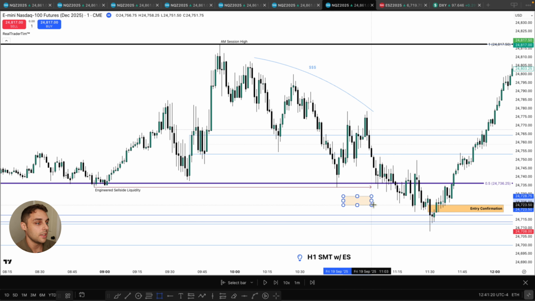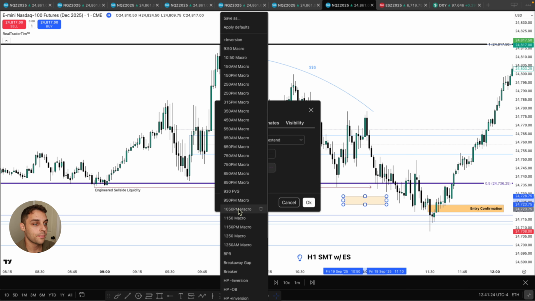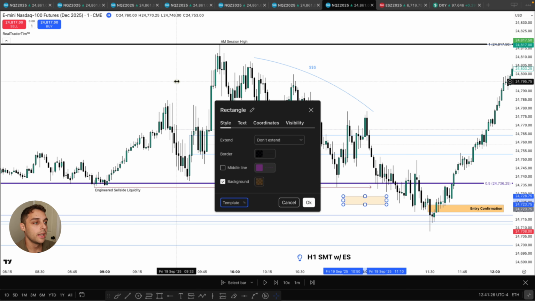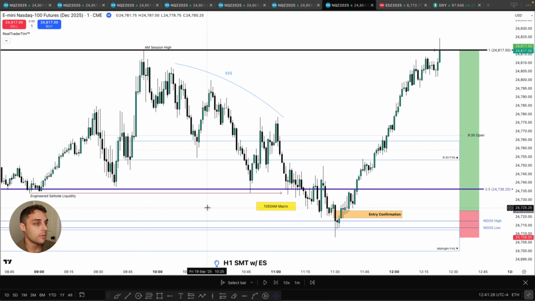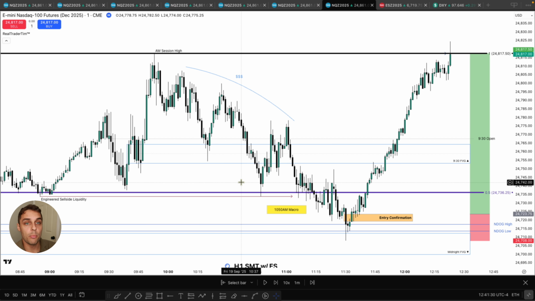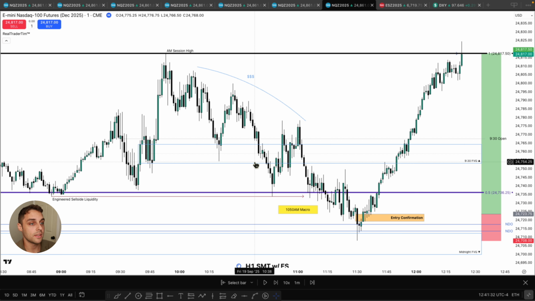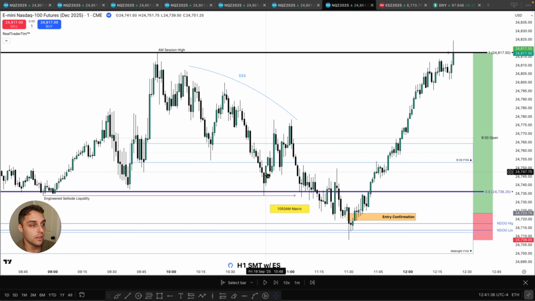This is in the 1050 to 1110 macro. Those of you familiar with the way I utilize price know that if I'm bullish and we have a first presentation fair value gap, in this case the 930 fair value gap, and I see a close above that during the macro window, and we have all this engineered buy side liquidity, I'm expecting price to spool to those highs.